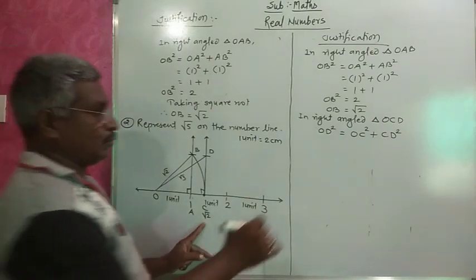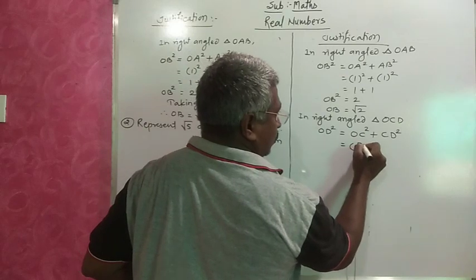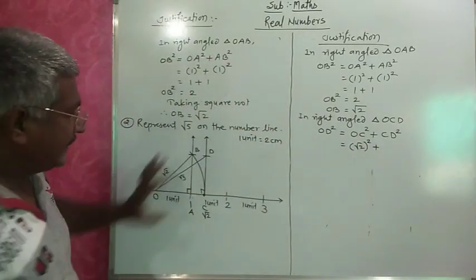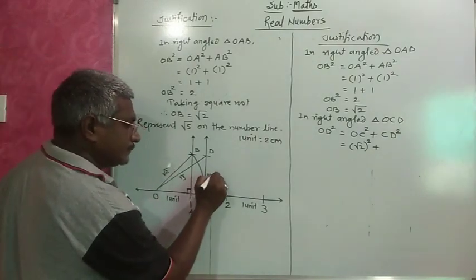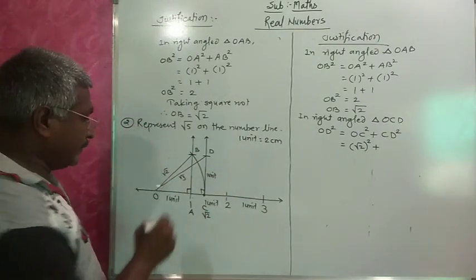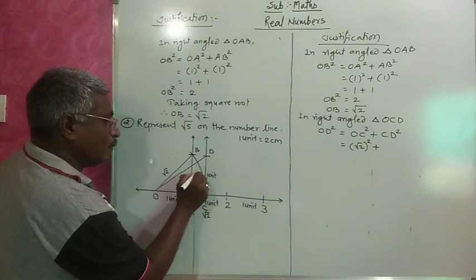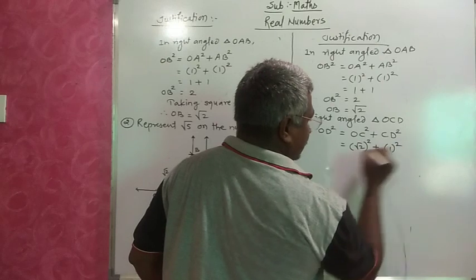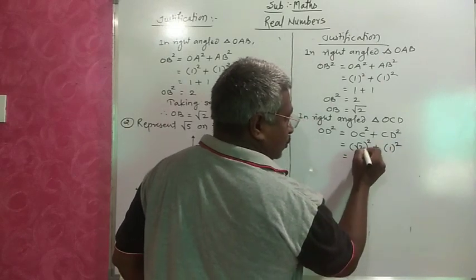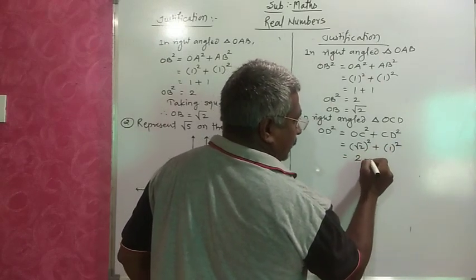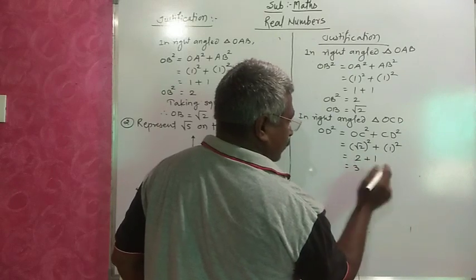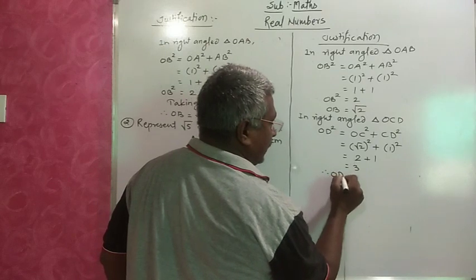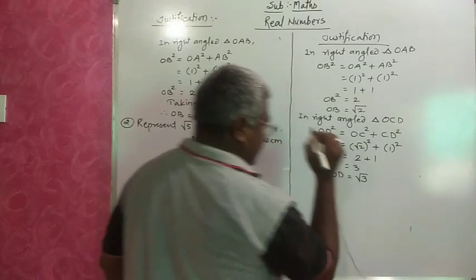Root 2. Root 2 square plus what is the length of CD? 1 unit. This distance is 1 unit. So root 2 square means 2 plus 1. What we got? 3. So therefore OD equals root 3.